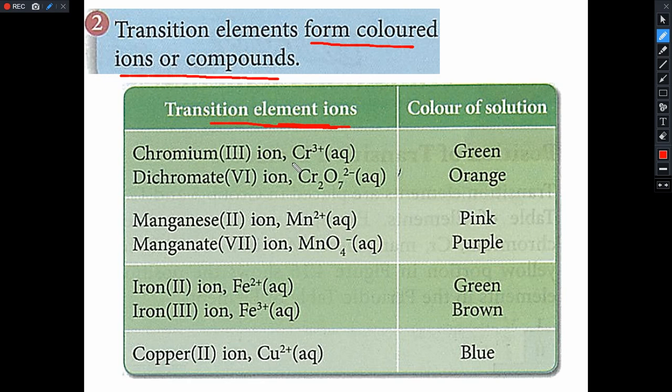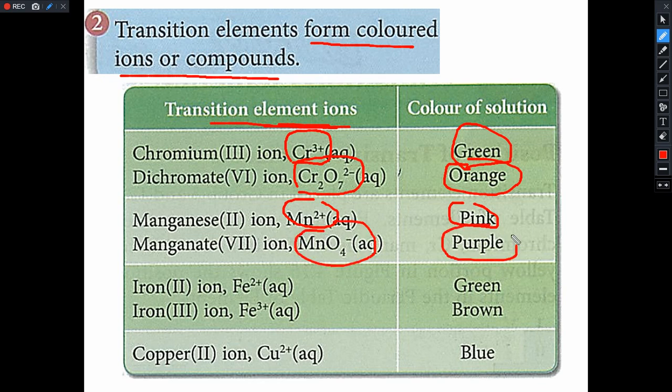First one, Cr3+, green color. And dichromate(VI) ion, orange color. And manganese(II) ion, pink color. And manganese(VII) ion, purple color.